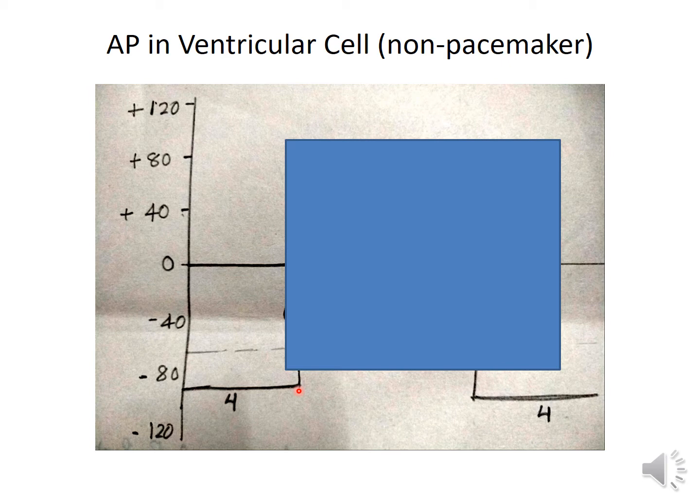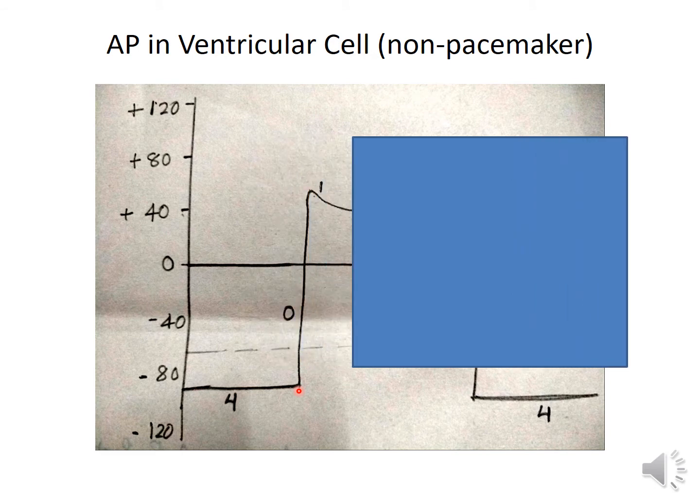There is rapid opening of sodium channels. As sodium channels are fast channels, they open rapidly and there is rapid inflow of sodium ions through them, and this results in a rapid rise of the action potential, and the membrane potential overshoots to around plus 47 millivolt.